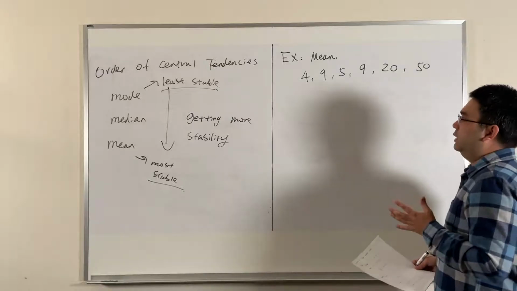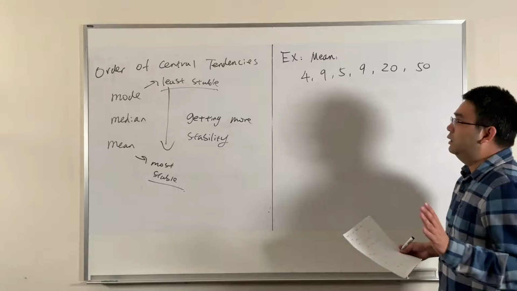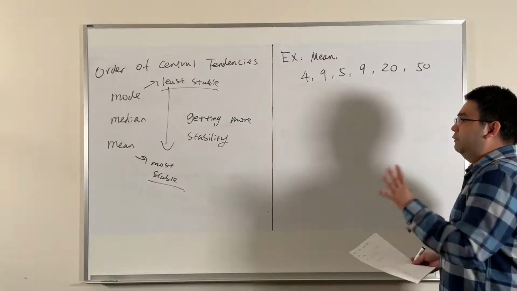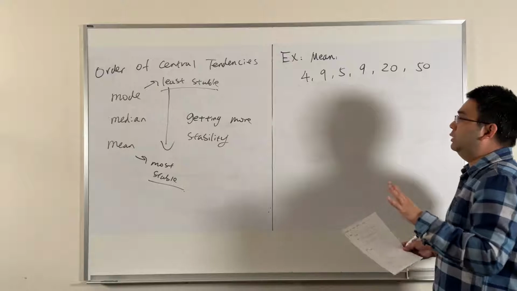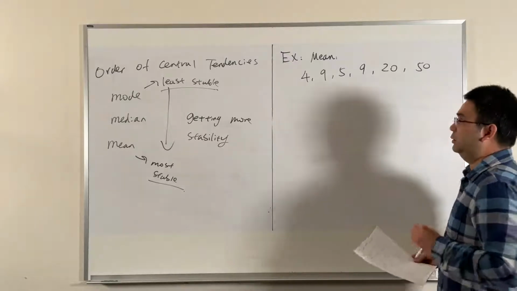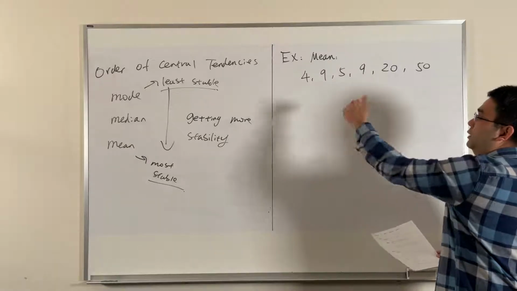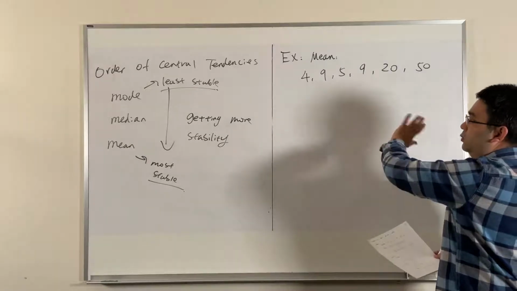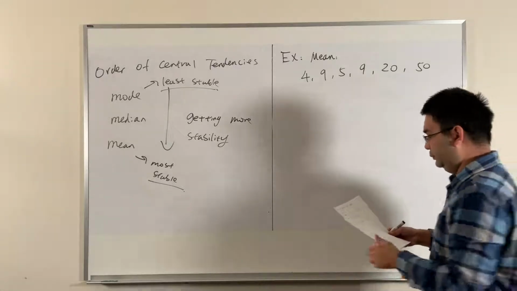I would say if the question only asks you for the mean, it's not necessary. But if the question asks you for the mean, the median, and the mode, it should be a good idea to rearrange them first. In this case, I'm only using this set of data to find the mean, so let's not rearrange them first. Let's just jump into the calculation.